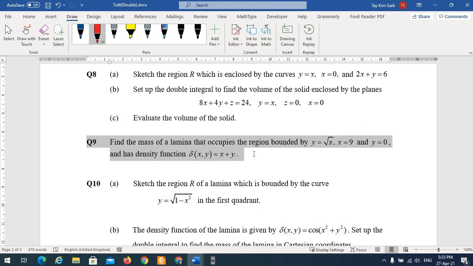In the project you have a lot of applications, like moment of inertia, center of mass, all kinds of applications. You just look at the formula and know your surface, then change it accordingly. So this one is to find the mass of a lamina.